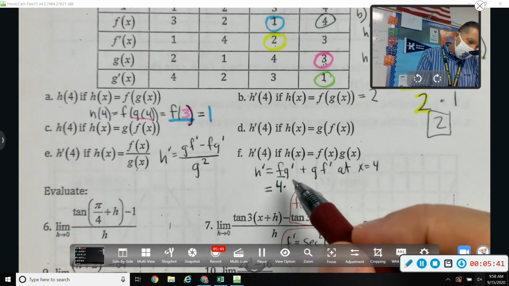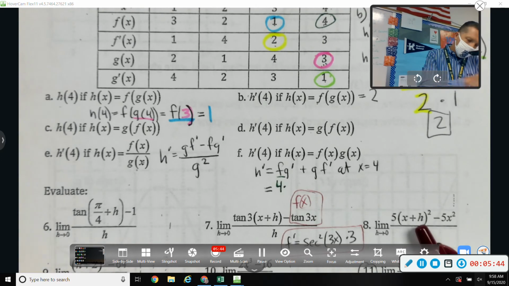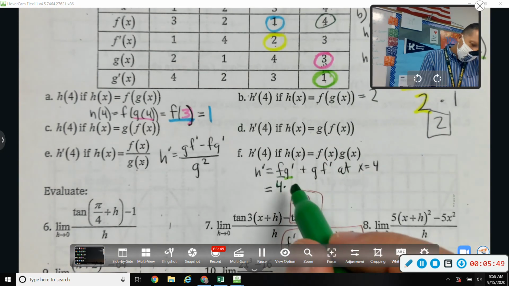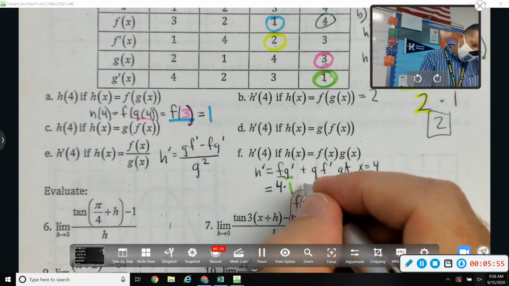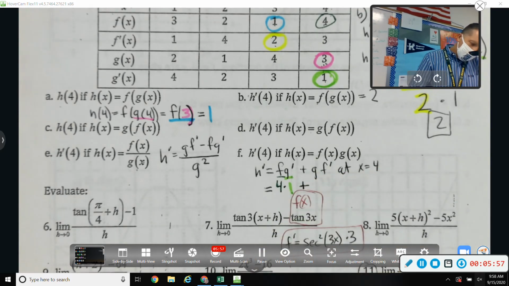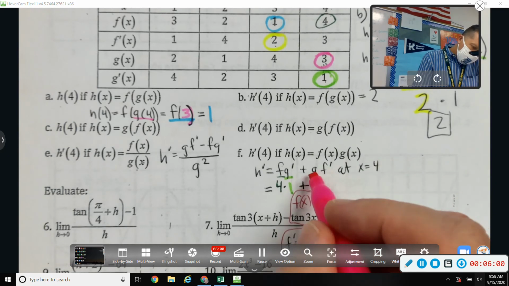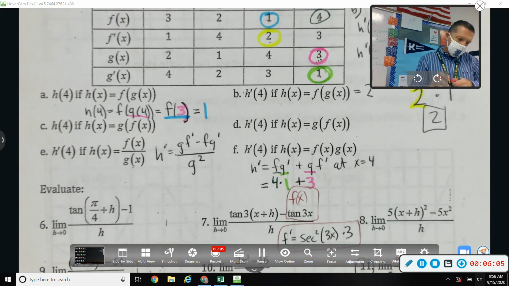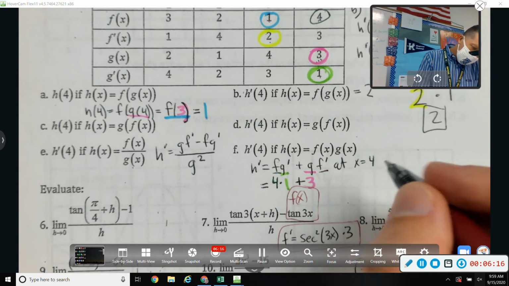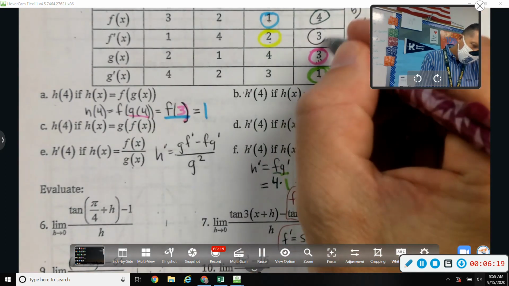G prime of 4, oh, green and green, oh well, g prime of 4 is 1, plus g of 4 is 3, and f prime of 4 is also 3.